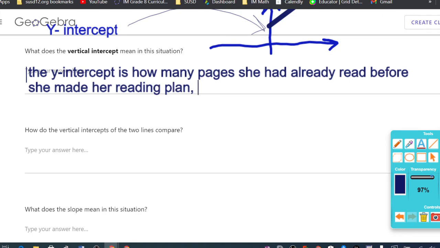In other words, it's her starting point. In other situations, think of it as the starting point. Make sure you put a space between starting and point.